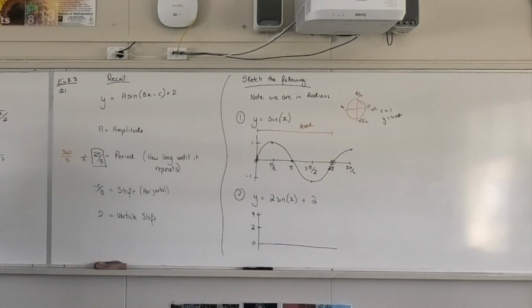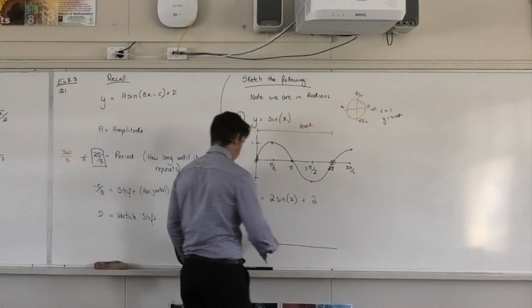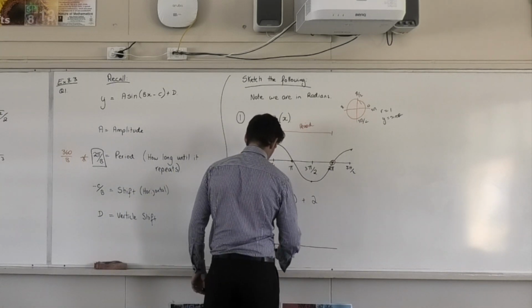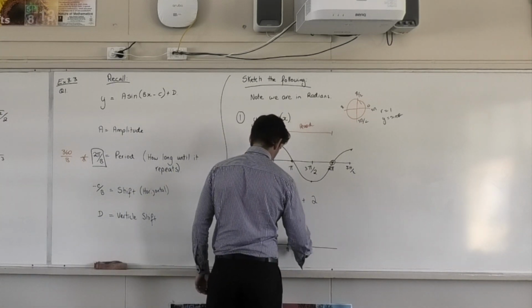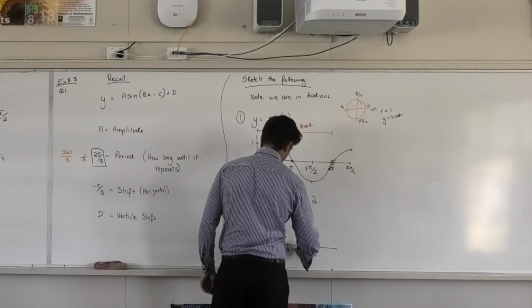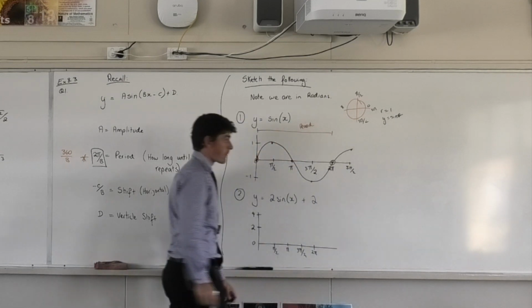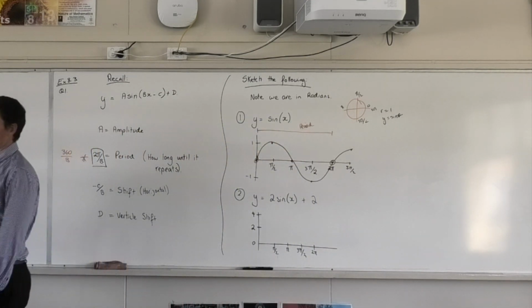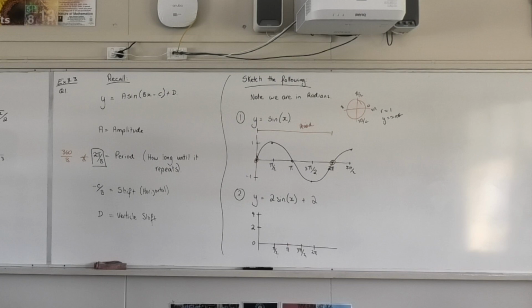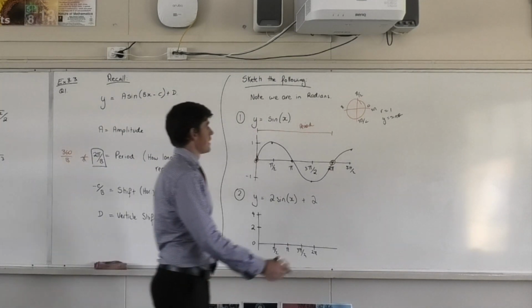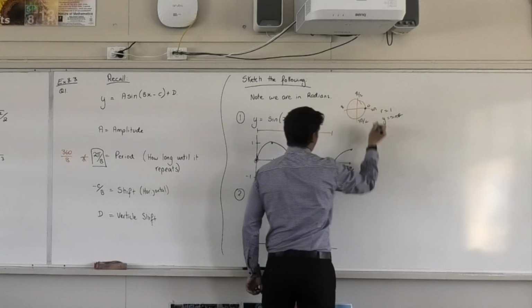Same process. What does y equal when we have x equals 0? On our unit circle, x equals 0, what is y? At this point here, what does y equal?